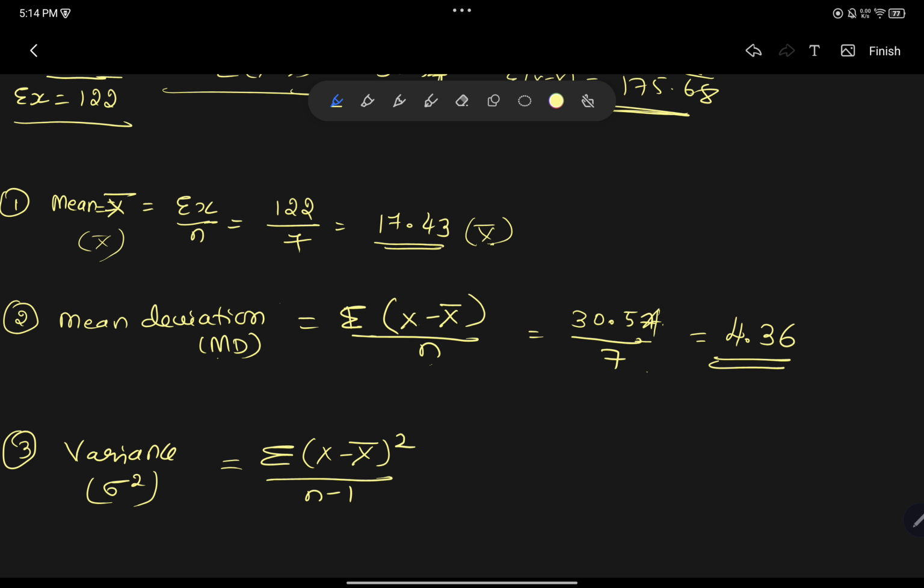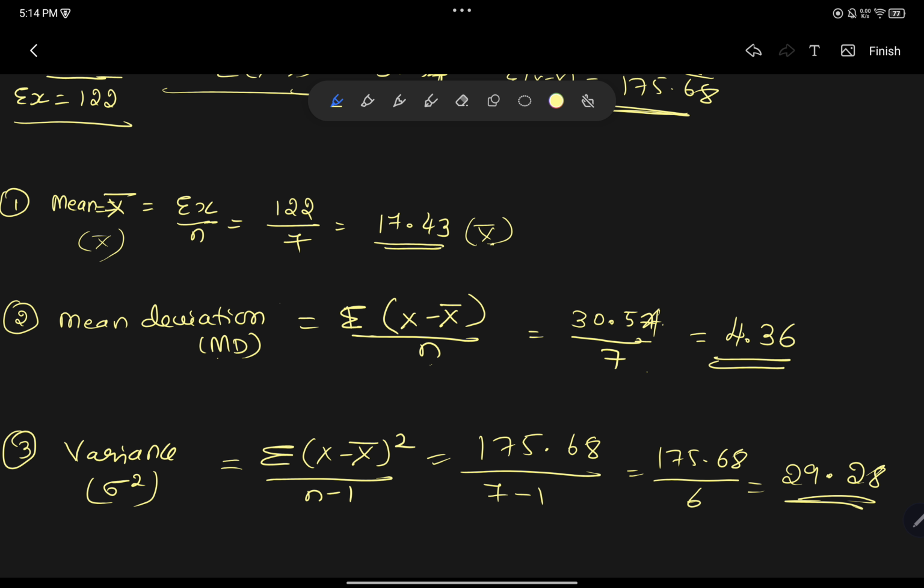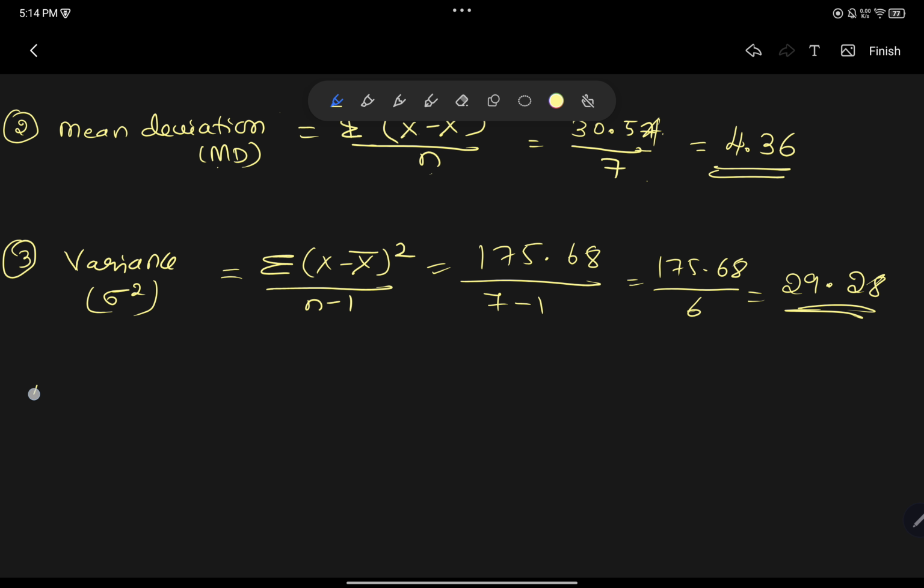Once we get 175.68, n is 7, minus 1 is 6. 175.68 divided by 6, you will get the answer 29.28. So you got variance. Now the standard deviation, denoted with SD.